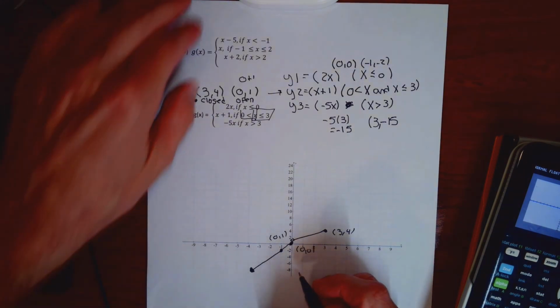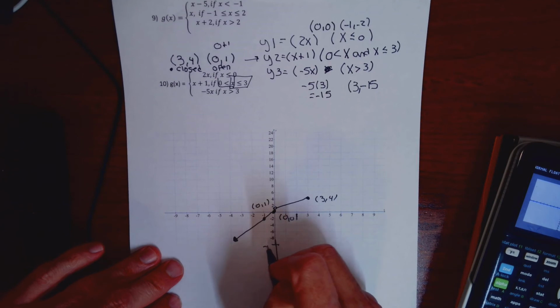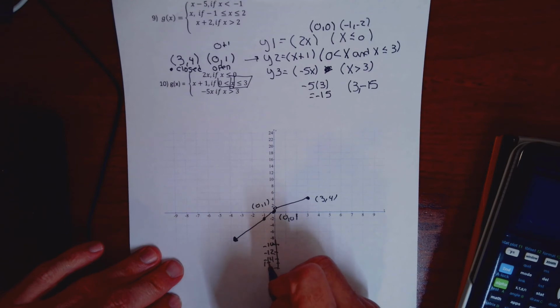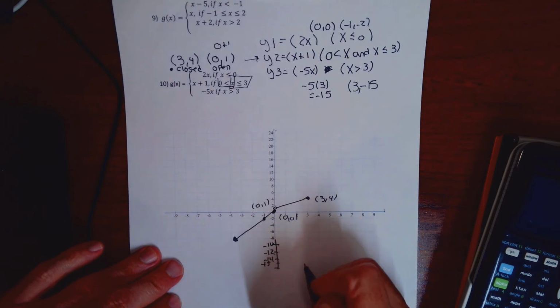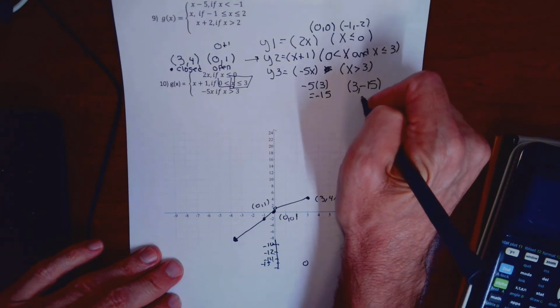My graph doesn't go down to -15. So let me get down here. -10, -12, -14, -15. I'm going to plot the point 3, -15, open circle because I don't have an "or equal to."